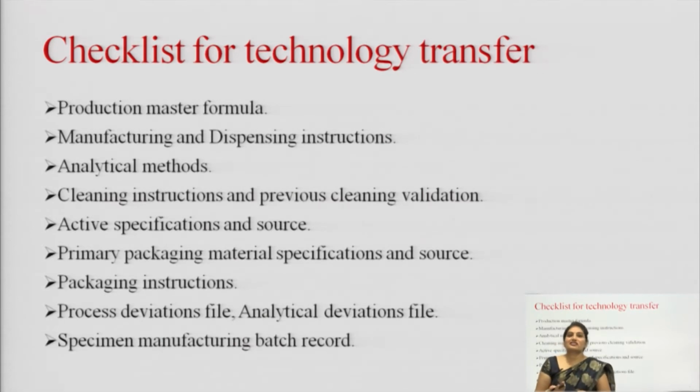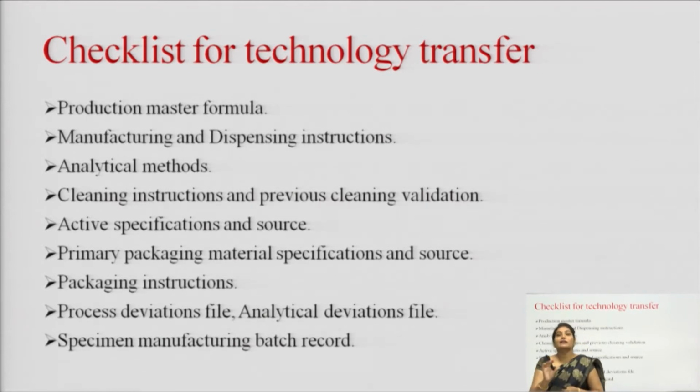Active specifications and source, means the active pharmaceutical ingredient, API की proper specification and proper source should be described. Primary packaging material specifications and source: we should have a proper record of the primary packaging material that we are using, what is the specification of that packaging material, what is the source of that packaging material.